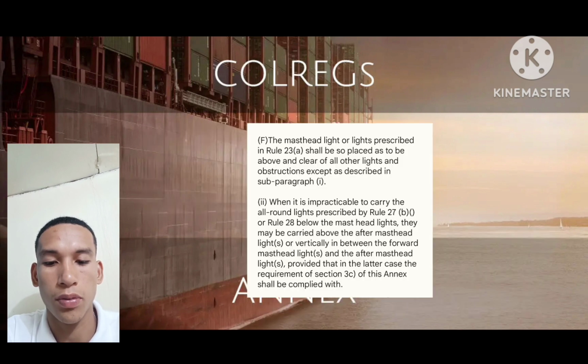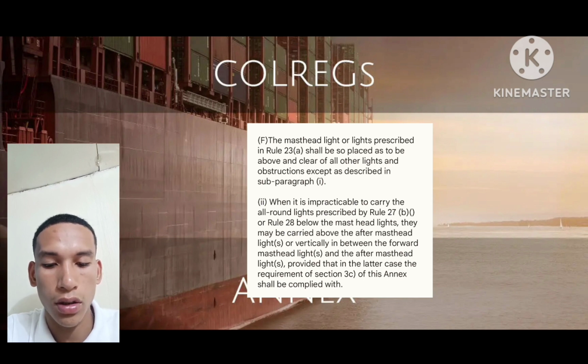F is for Foxtrot. The masthead light or lights prescribed in Rule 23(a) shall be so placed as to be above and clear of all other lights and obstructions except those described in the sub-paragraph.